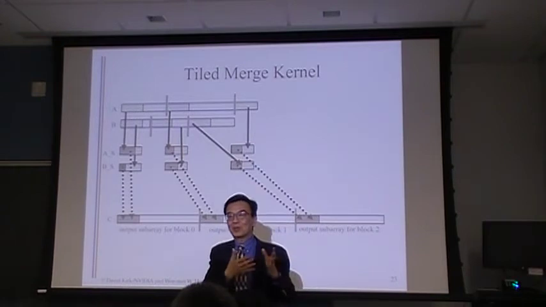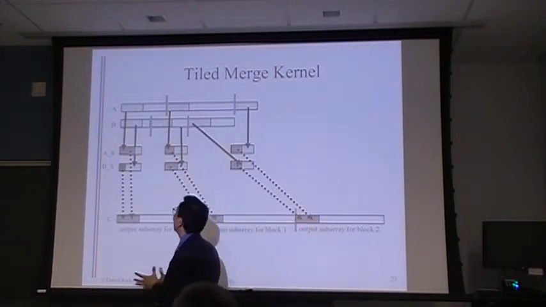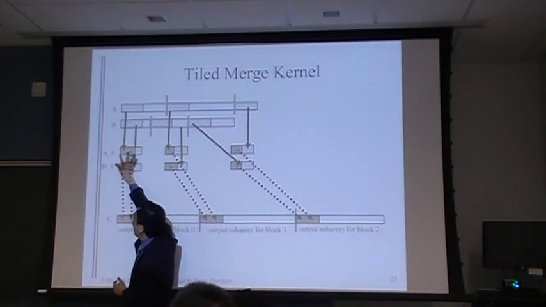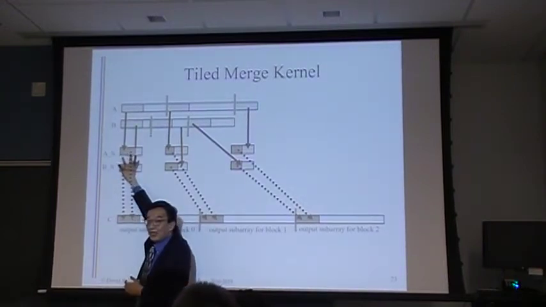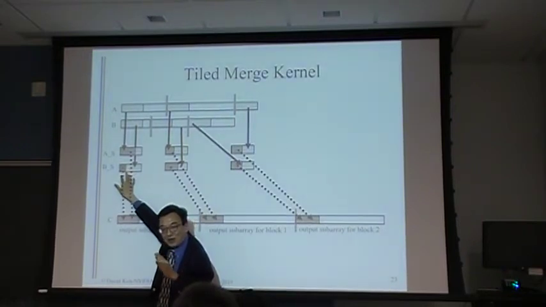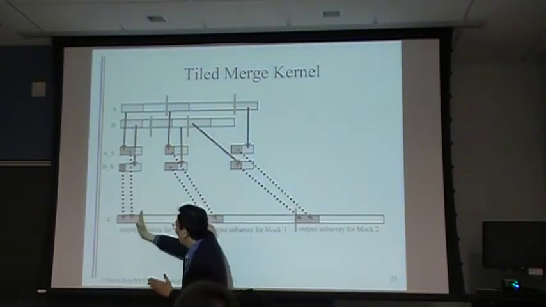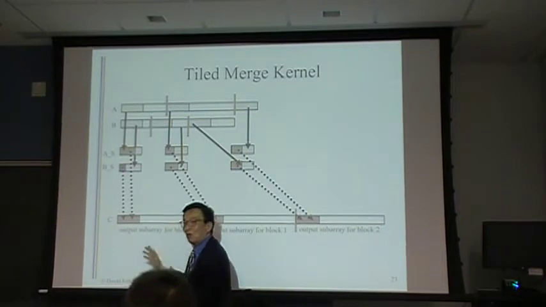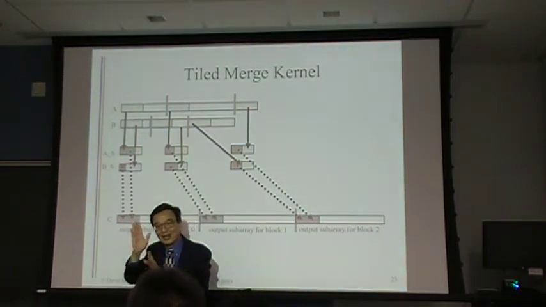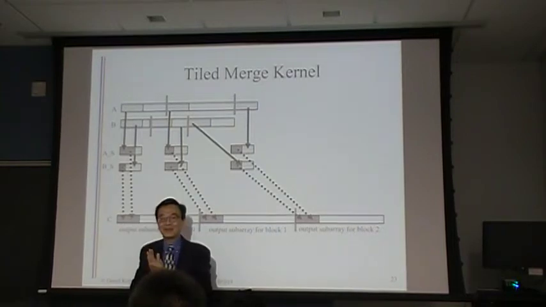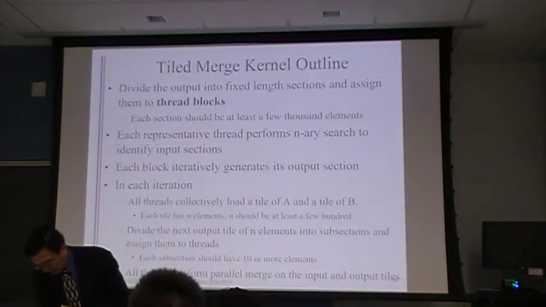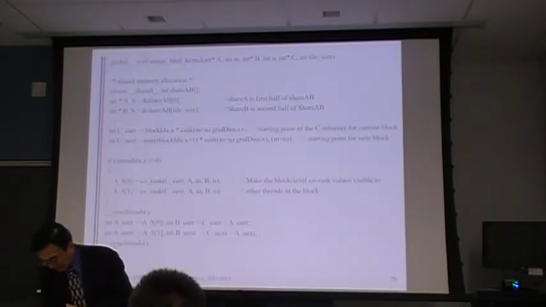So we're going to start with a simple approach where we remember how many elements we consumed in A and how many elements we consumed in B so far. Then when we move to the next section of C, we will start with those positions in A and B and load another tile. Does that make sense? Okay, so this is the algorithm.